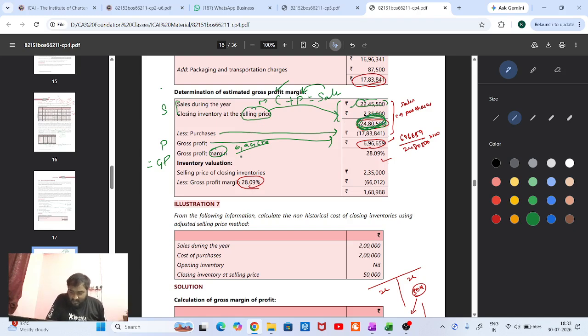Divided by 24,80,500. Let me just calculate this. 6,96,659 divided by 24,80,005. It's 28.08%, 28.09%. Done.